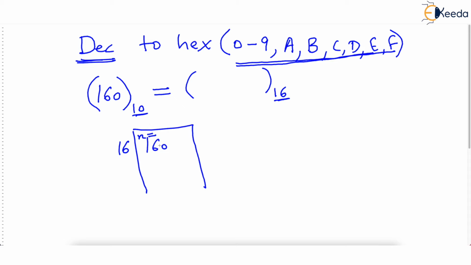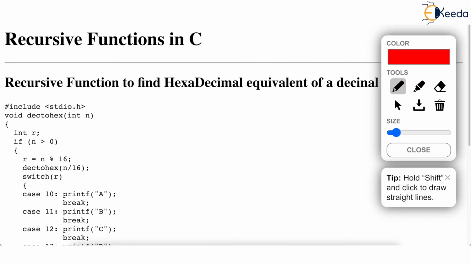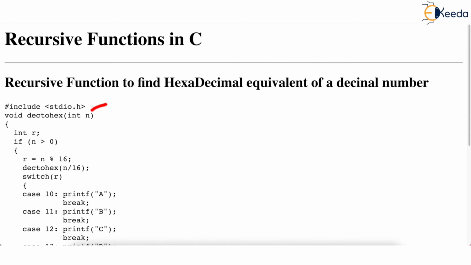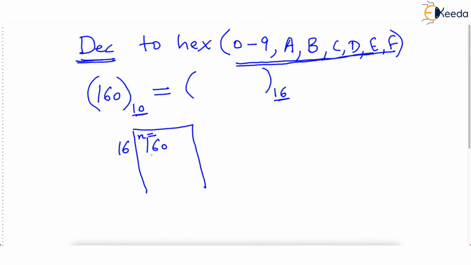Now going with our program again, this 160 is the n, the value that we want to convert into hex. So in our discussion, the n, the parameter shown in the function, is the number. Let's say this n is 160. Now what is done is this number 160 is divided by 16.